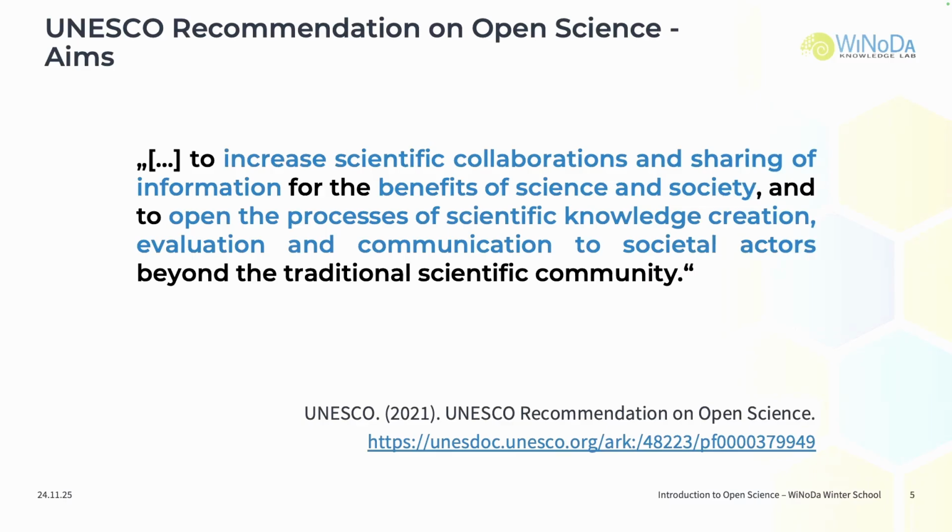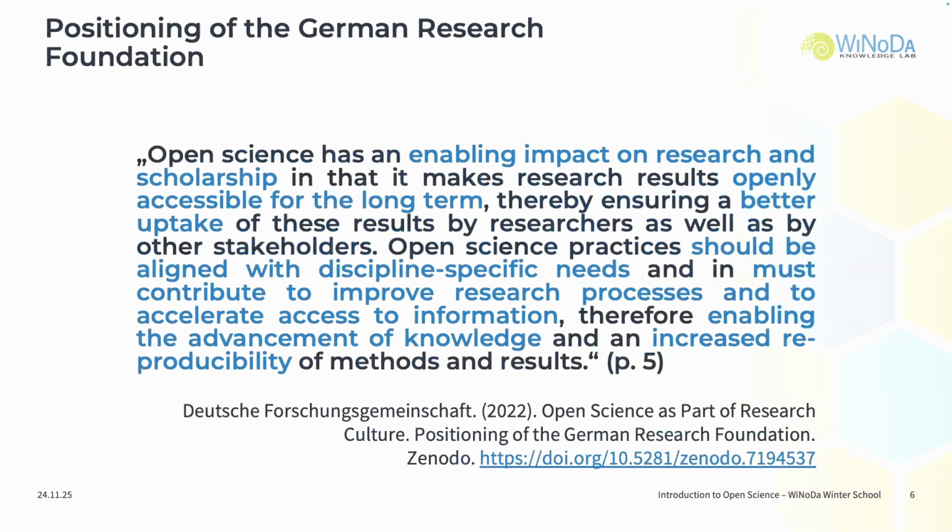So it's about making scientific knowledge available, accessible, and reusable, about increasing collaboration and information sharing, and about opening processes of knowledge production for society. And it also makes quite clear that open science applies to all scientific fields and disciplines. It's not only about the natural sciences, but also about humanities, about open social science, etc.